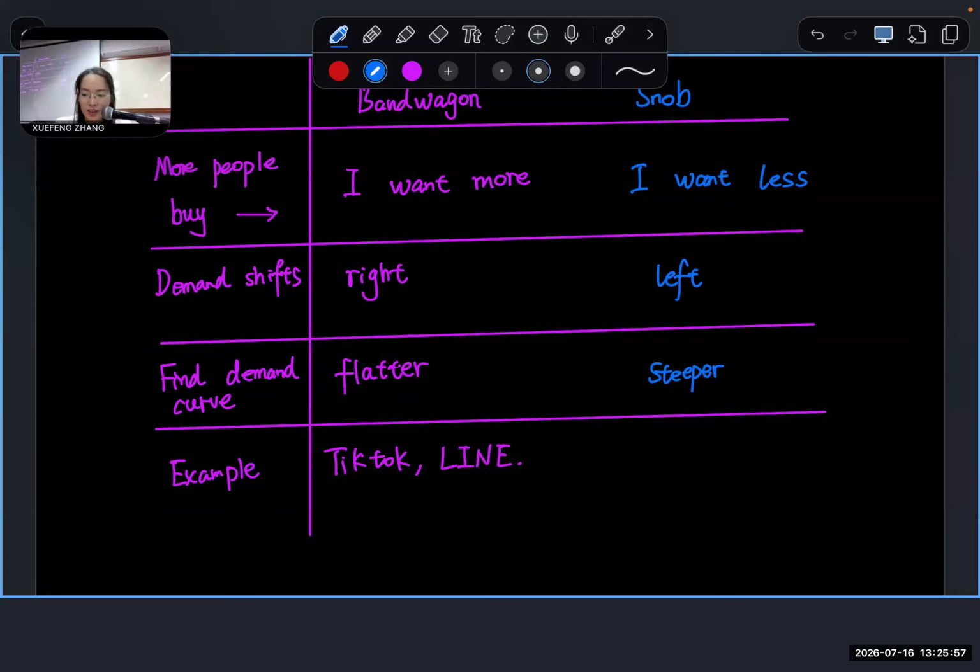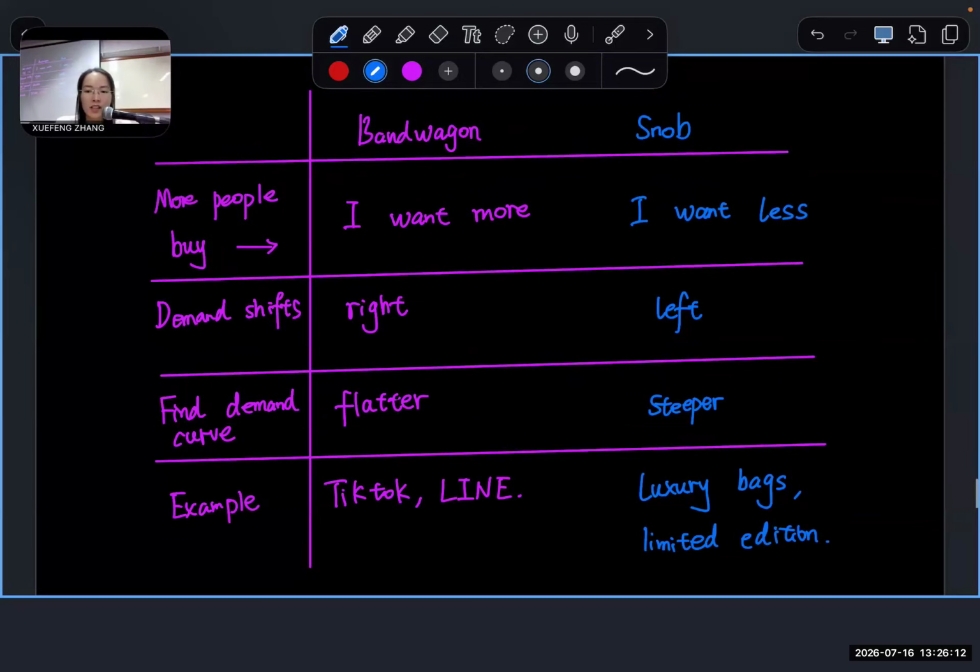Limited edition. Okay, this is the difference between bandwagon and snob effect.